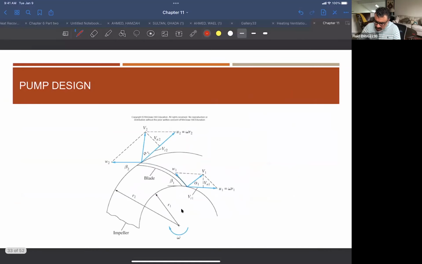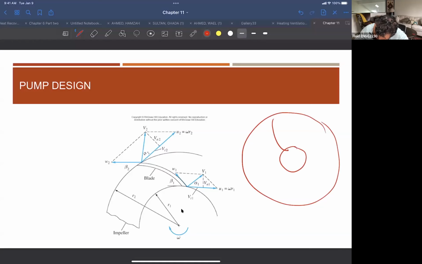Okay. As I mentioned, we are not really getting into the detail of this, but for the design of the impeller, you have to really know how the fluid comes inside the impeller, and where the impeller blades are. The impeller inside has these plates.